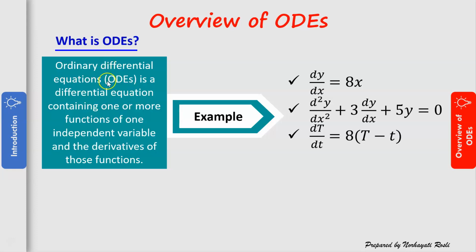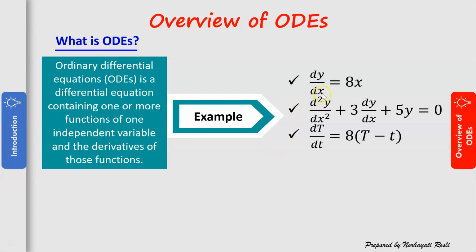What actually is ODE? Ordinary differential equation refers to a differential equation which contains one or more functions of one independent variable and the derivatives of those functions. It means this ODE is a kind of equation that has an independent variable and also a derivative with respect to this independent variable.